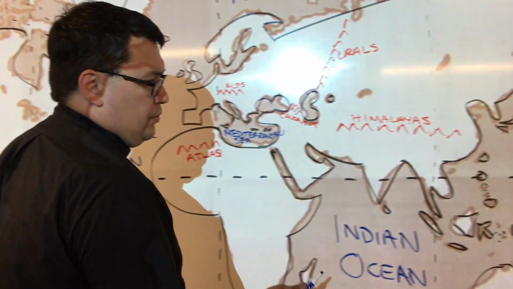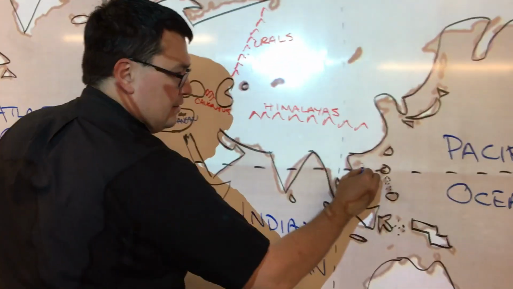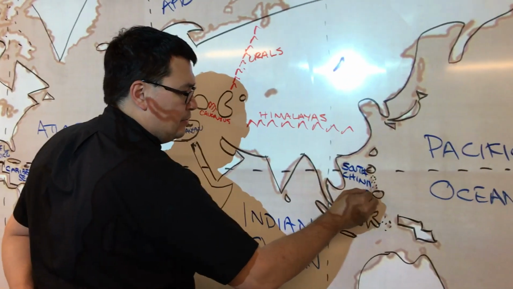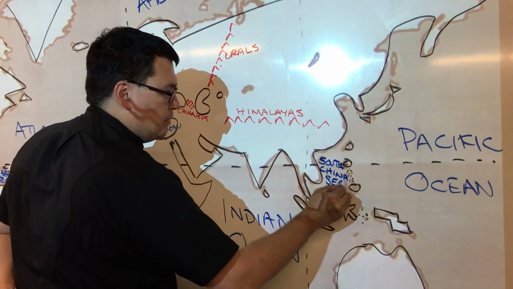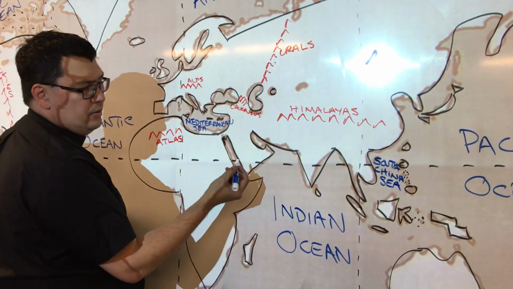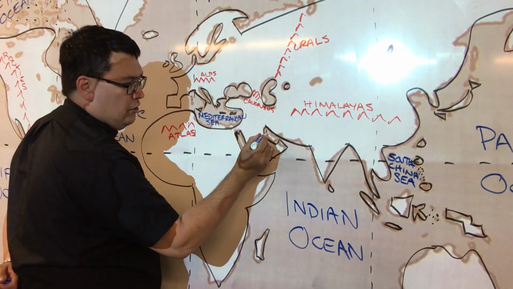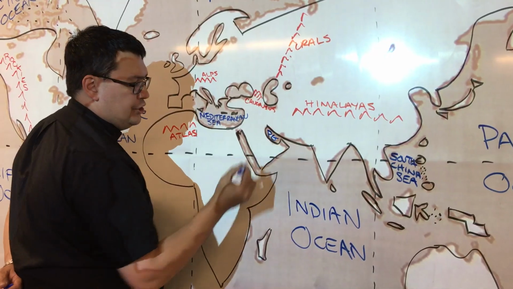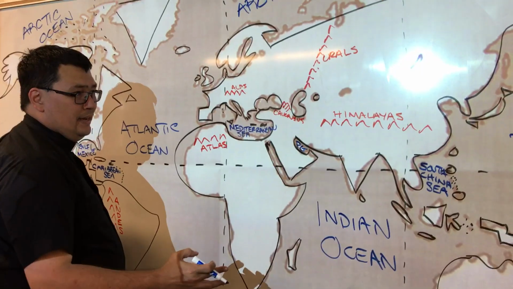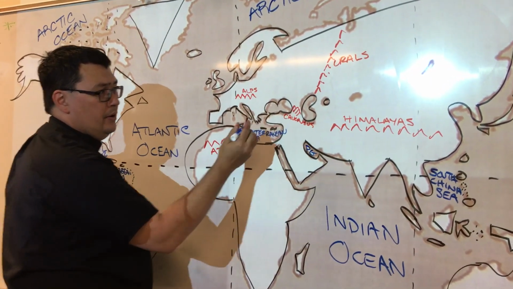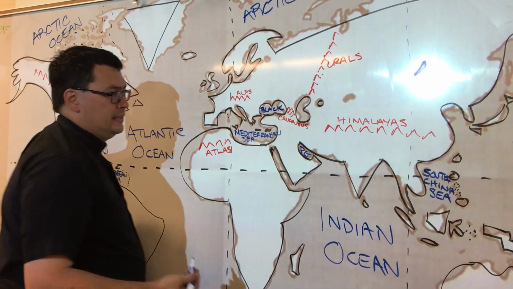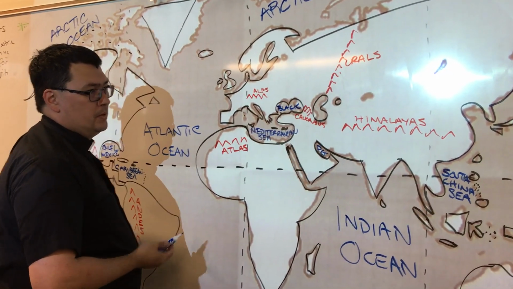Moving east, south of China, we have the South China Sea, and hiding right here in that bight in Arabia is the Persian Gulf. And I'm just going to write PG, Persian Gulf. So those are our seas, and now we have, oh, and I forgot up here, the pretty cloud. This is the Black Sea. So those are our seas.